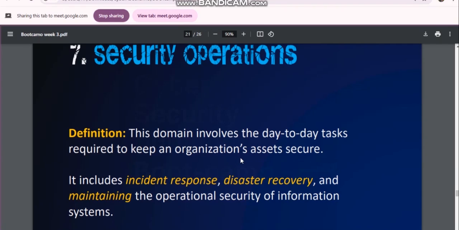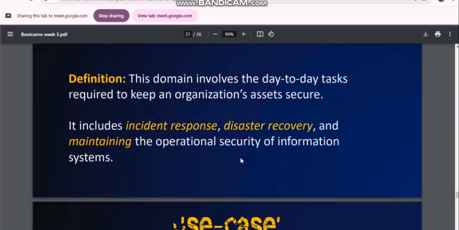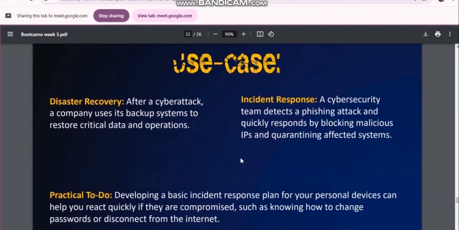It includes incident response, disaster recovery, and maintaining the operational security of information systems. On the use case, disaster recovery: after a cybersecurity attack, a company uses its backup systems to restore critical data and operations, not just a disaster recovery.